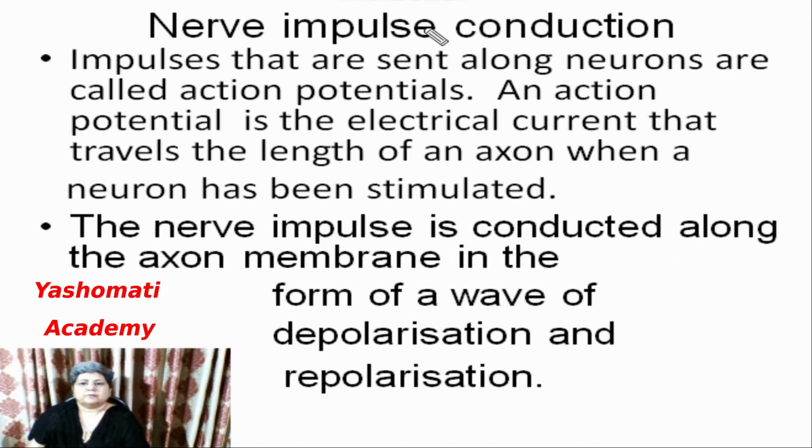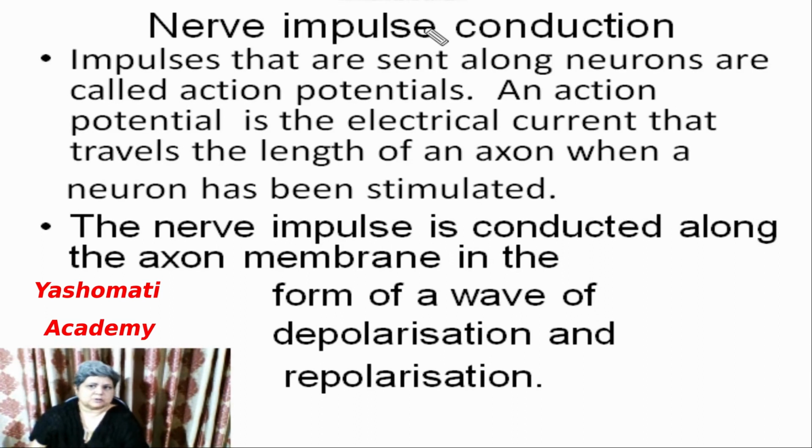Now the information has to travel from one part to another part, and it passes in the form of an action potential, which is called an electric current, which passes through the length of the axon. This action potential or electric current which passes through the axon is called the nerve impulse.